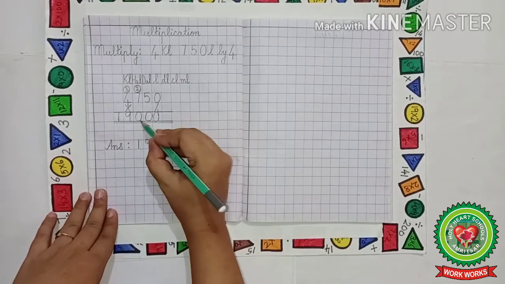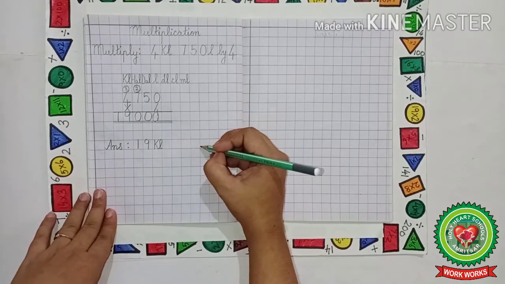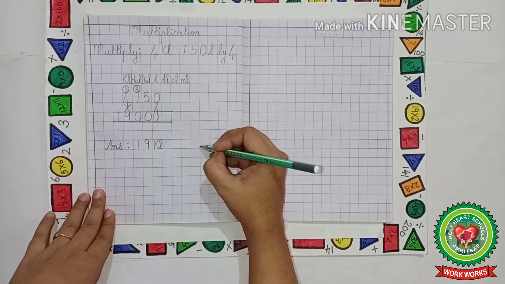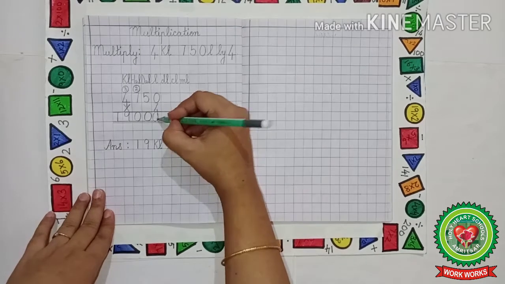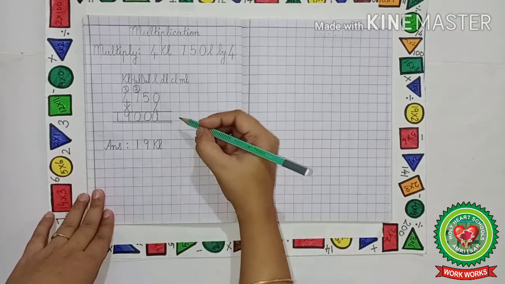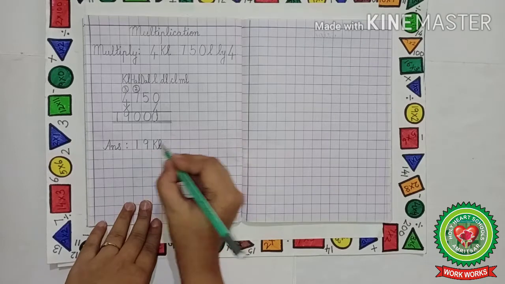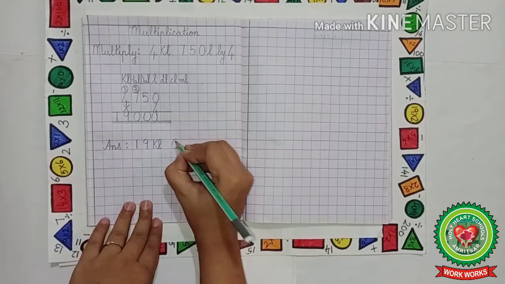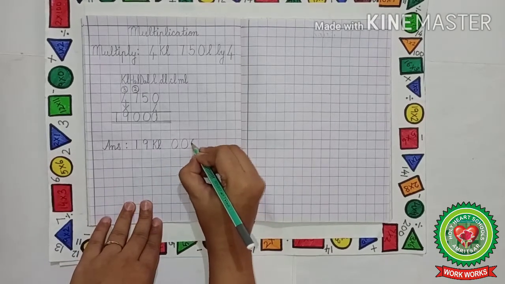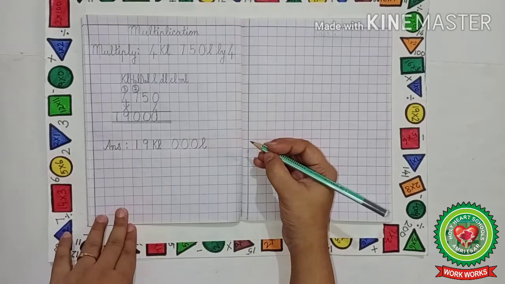Now it is written 000 liter. You can write 000 liter, or else you can leave out because 0 means nothing. It is 19 kiloliter is the answer. Or you can simply write 19 kiloliter 000 liter. You can write it in either way.